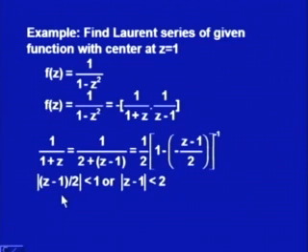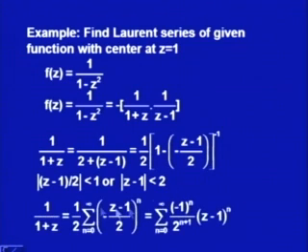And assuming modulus of (z minus 1) divided by 2 is less than 1, or modulus of z minus 1 is less than 2, then its modulus will be less than 1, and we will be able to expand it in power series in powers of z minus 1.